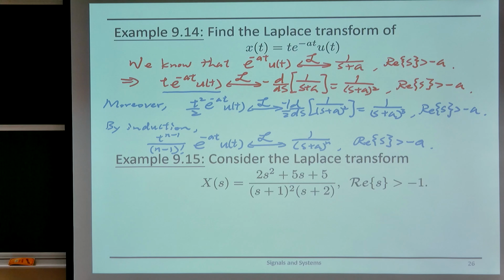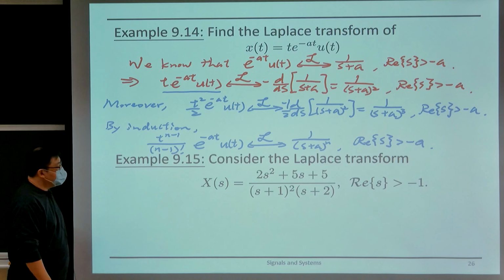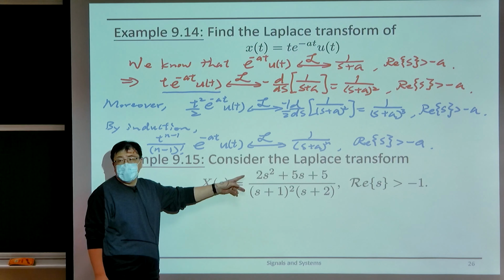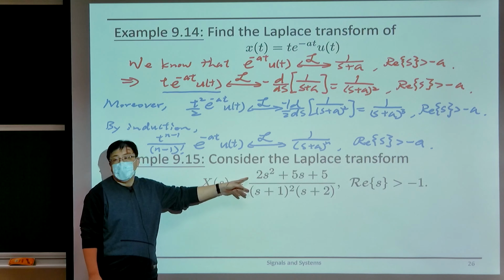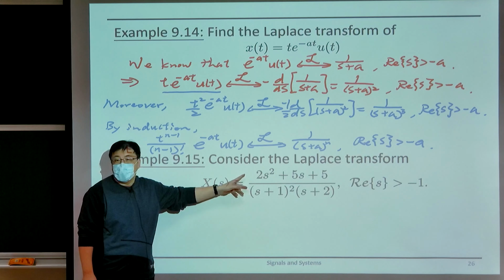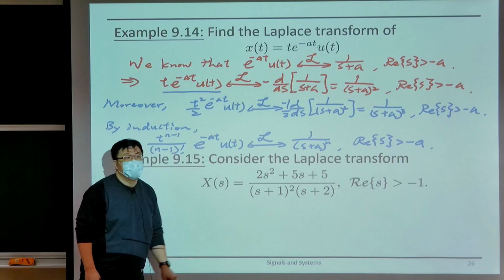All right. Now let's see how this can be useful. Suppose we consider this example here, an example with a Laplace transform taking on this form. When we see a rational Laplace transform, the first thing we think of is to try to perform a partial fraction expansion to split this into several terms.